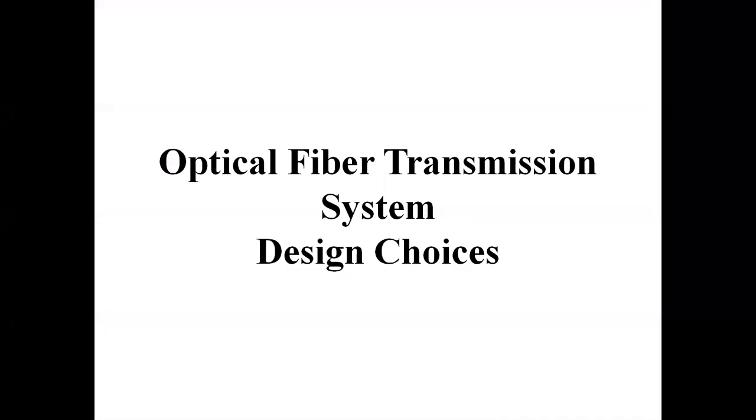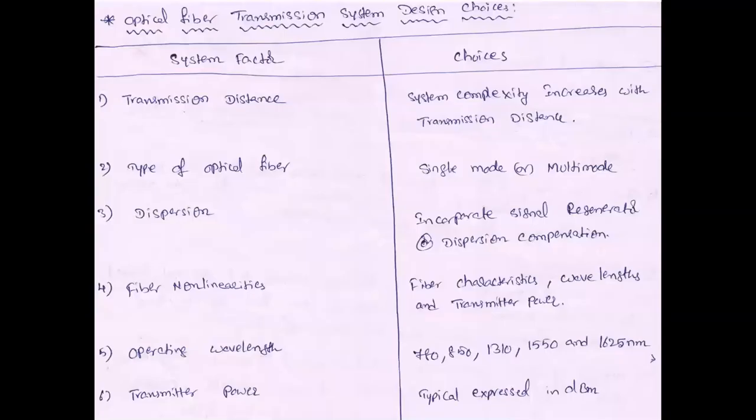Now we go to the design choices we have to make at the time of transmission system design. This is the system factor and these are the choices. First, transmission distance, which changes depending upon the application.